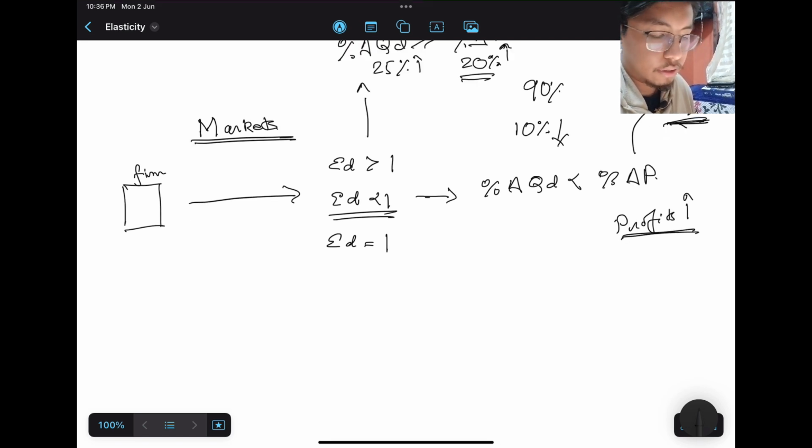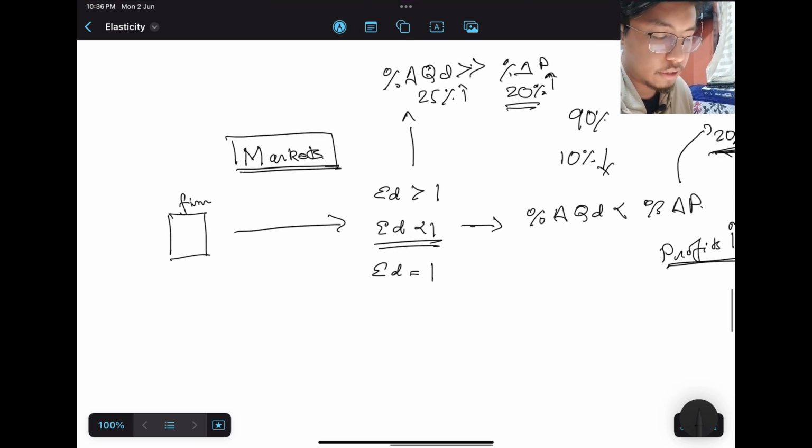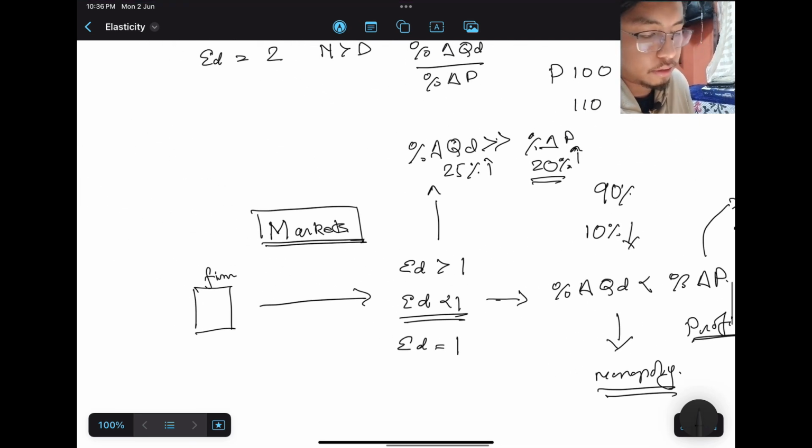This happens in markets. The price elasticity of demand has its significance in markets. This is mostly monopoly. Monopoly will do this. And this is a market which is called perfect competition.